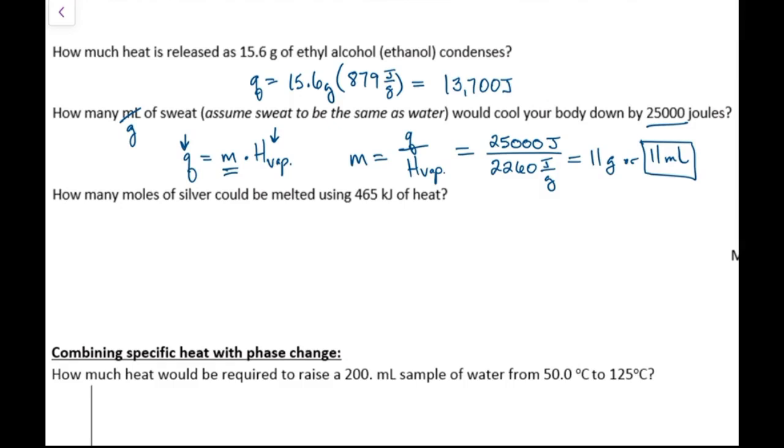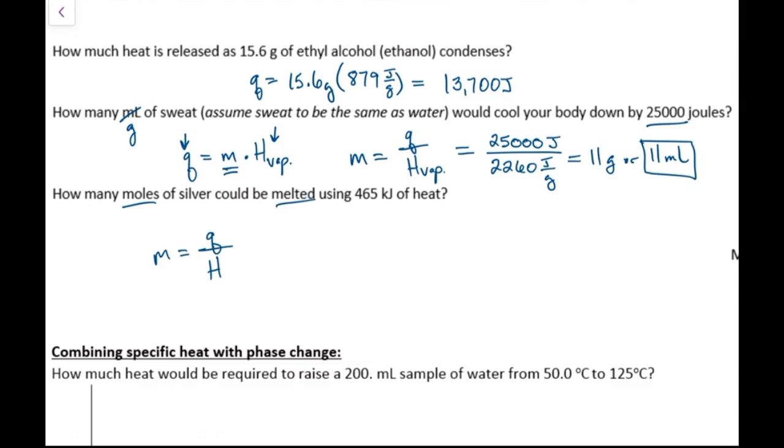Okay, so if we're looking for moles of silver, then we really are trying to find mass, and then we can convert that into moles. So we already established that mass is equal to Q over H vaporization, but it would also be, in this case, because we're melting, it would be heat of fusion. Okay, so go ahead and see if you can get your mass of silver.